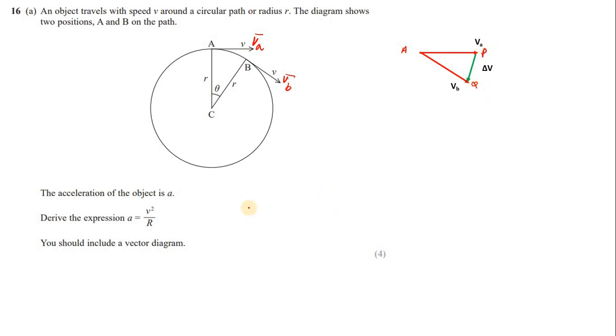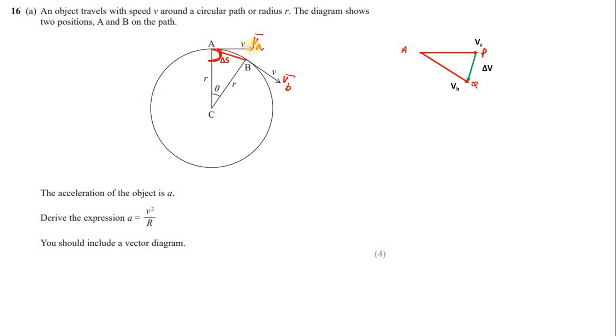Secondly, we join points A and B with each other. So we have another triangle CAB, and this length I'm calling delta s. So in fact we have two triangles, CAB and APQ. There is one thing: the velocity vector vA is at right angle to the radius. This angle is 90 degrees all the time.